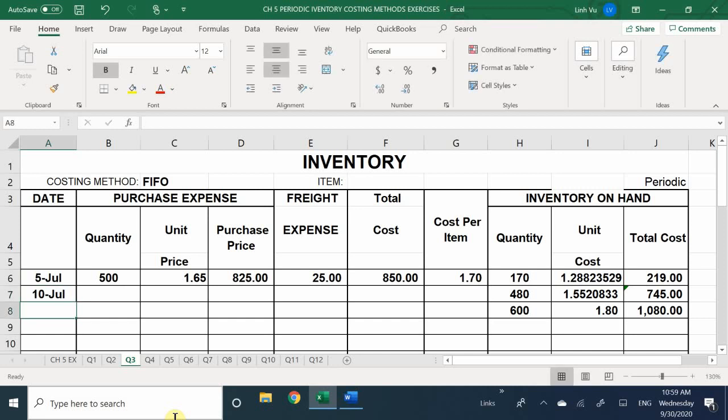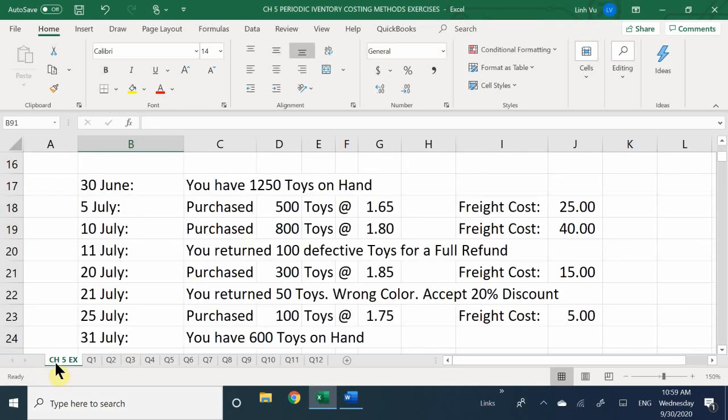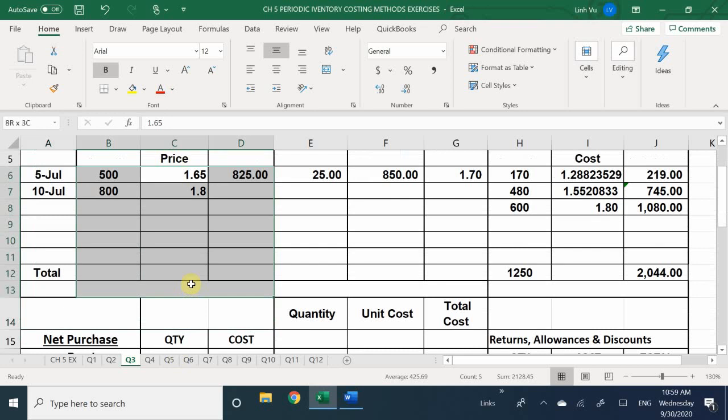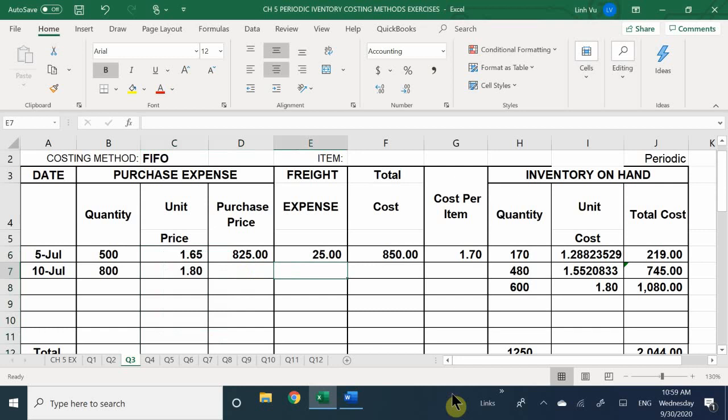Let's confirm that: 800 toys at $1.80 and freight was $40.